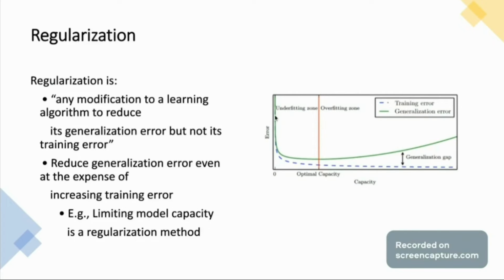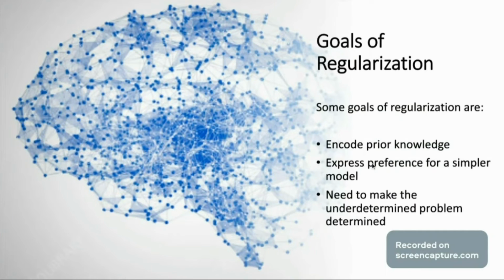In this curve, this is basically the underfitting zone, this is the overfitting zone, and this is the generalization gap. These blue dotted lines are the training error, and this green line shows the generalization error. So, without further ado, let's move to the next slide.